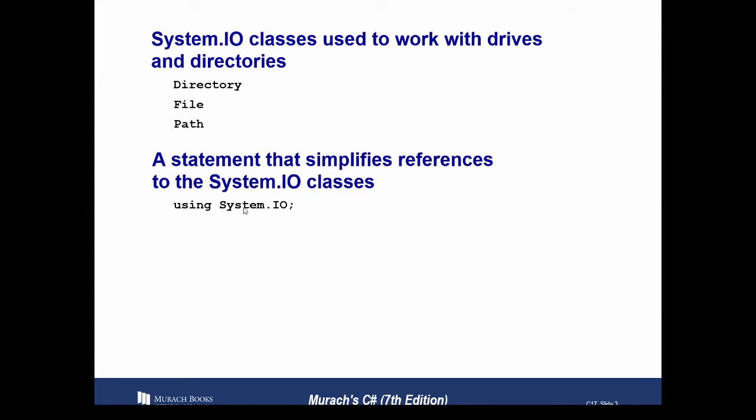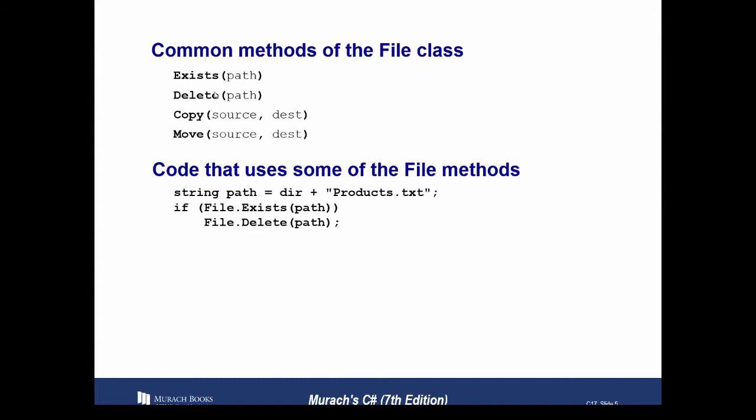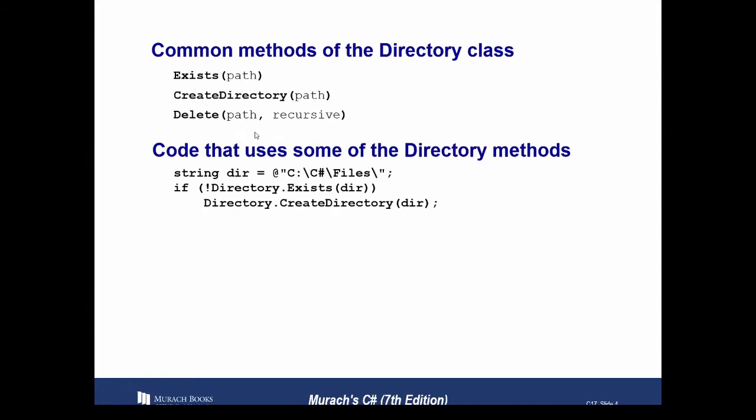And we will definitely be seeing the using System.IO. Some of the common methods of the Directory class are Exists, CreateDirectory, and Delete.